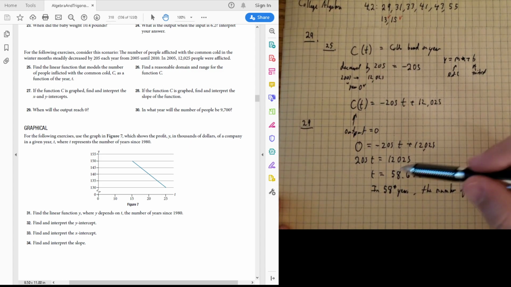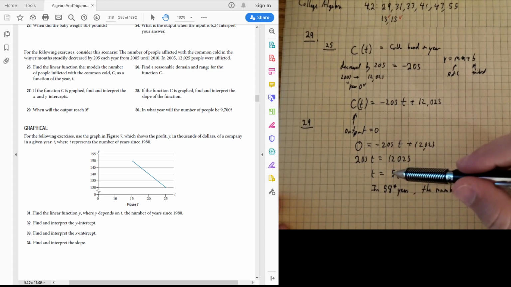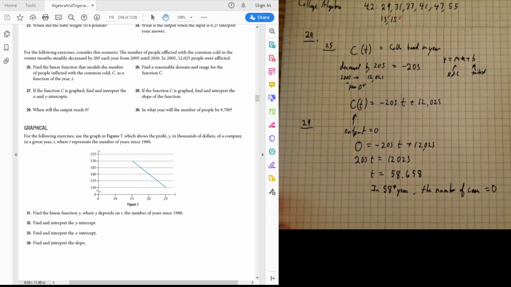So, in other words, by the 59th year, because this is bigger than 58, if we're thinking realistically, this is some time during 58 and 59, which means that by the 59th year, there will be 0 cases.